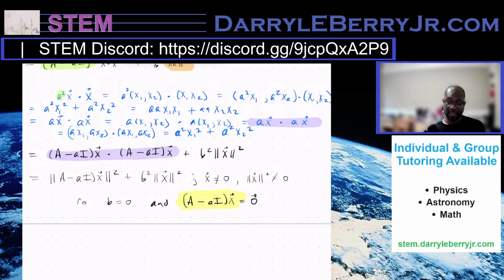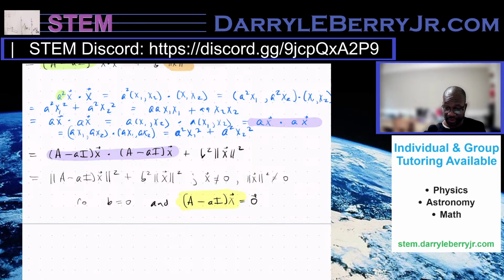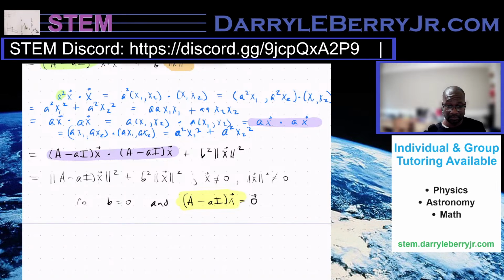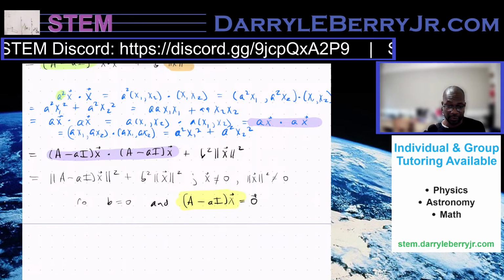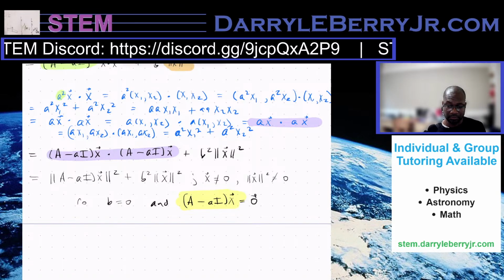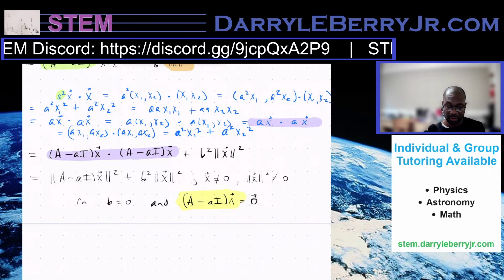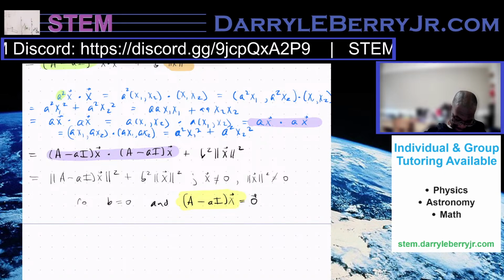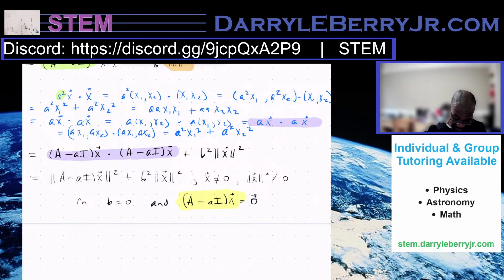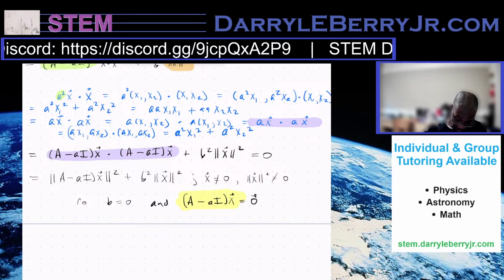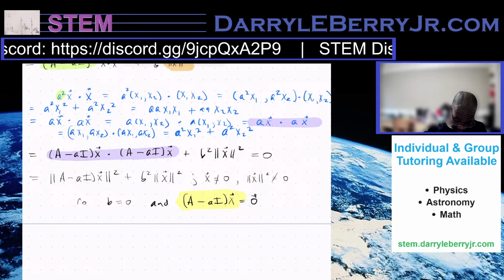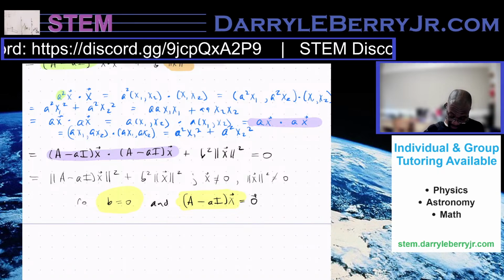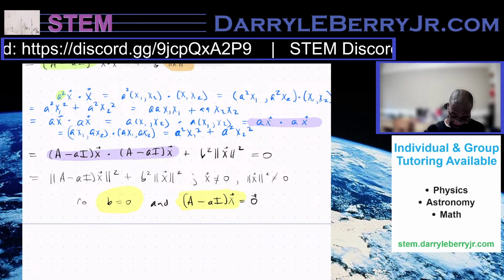Now we proceed to prove the second part of the theorem. Oh my gosh, that was just the first part. That lambda 1, all right? So we got through the first part of the spectral theorem, which is understanding that in order for this to equal 0, b equals 0 means it's real, and (a minus ai)x equals 0.